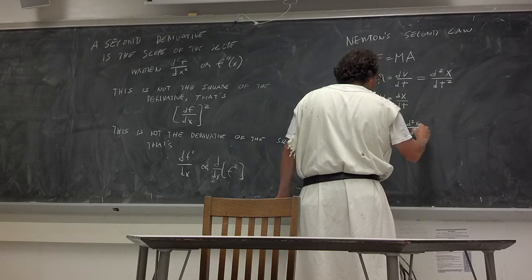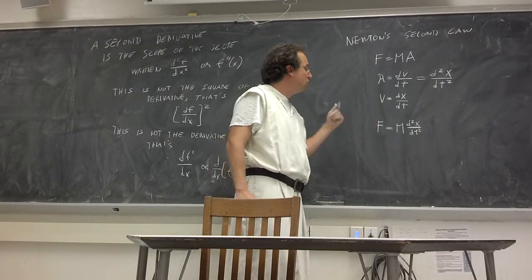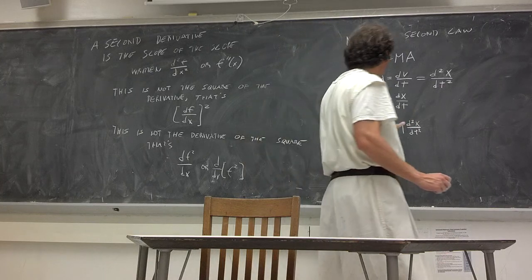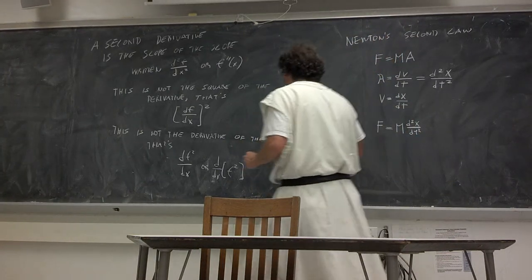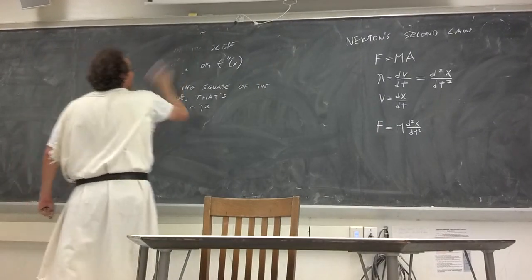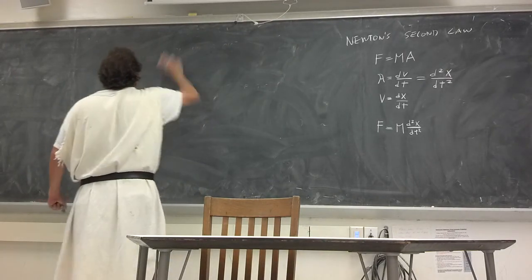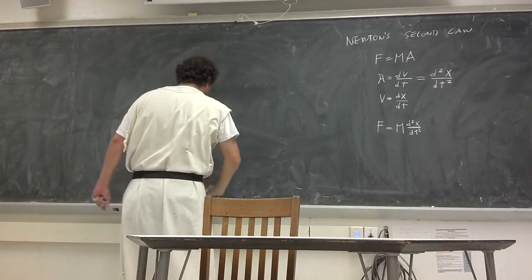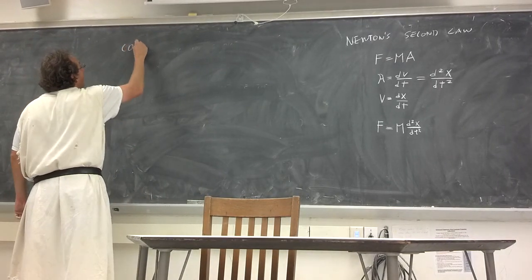So if we have some kind of expression for F, we can talk about solving this equation to find the motion of a particle. So let's do an example. Let's take a simple example of that. Consider a spring.